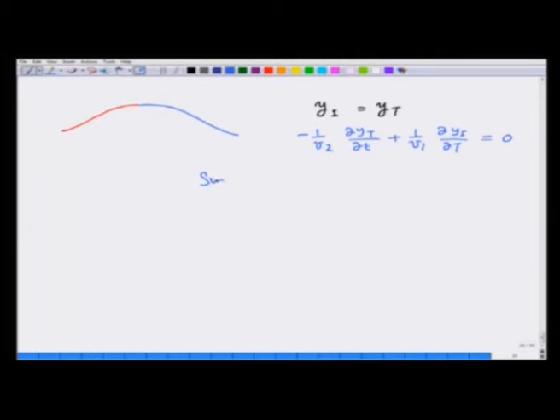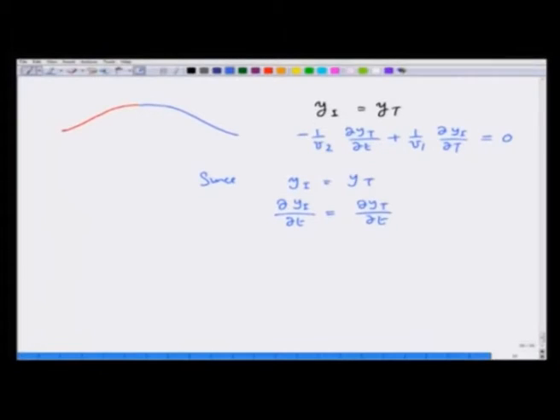Since y incident is y t all the time, I have d y incident over d t as d y t over d t, because they remain in phase. This condition is satisfied for all times, and therefore, I have minus 1 over v 2 plus 1 over v 1 times d y I over d t is equal to 0.